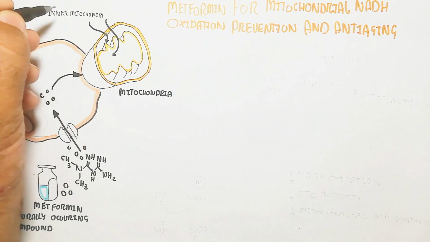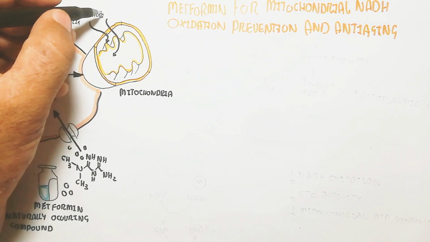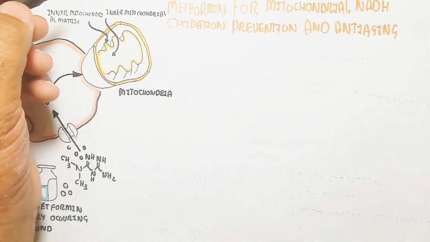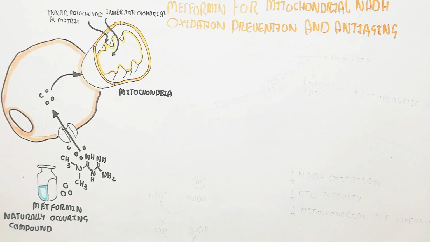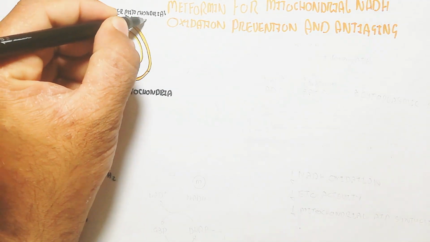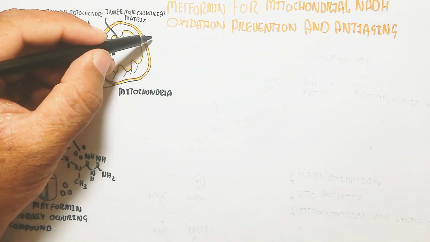This is the inner mitochondrial matrix and membrane, and the outer mitochondrial membrane. It means that it is a double membrane organelle.